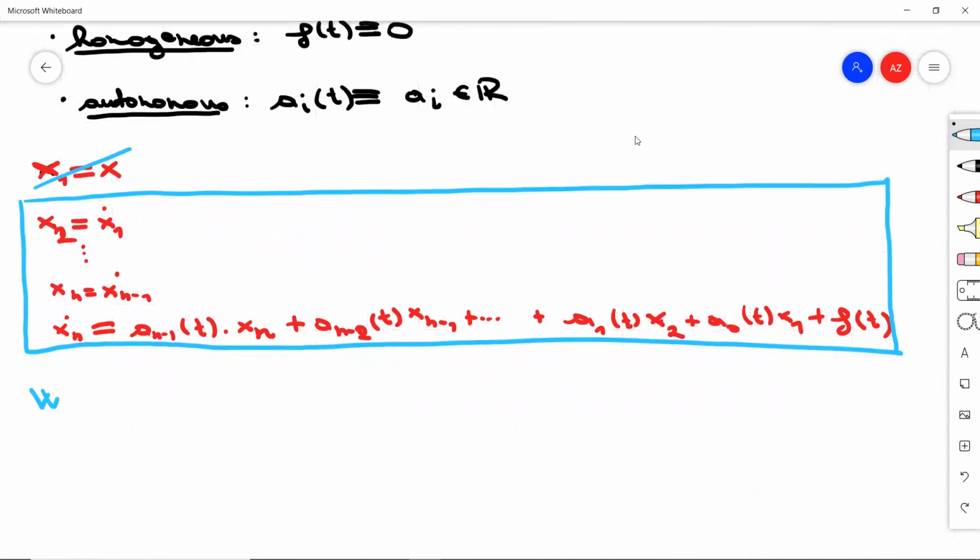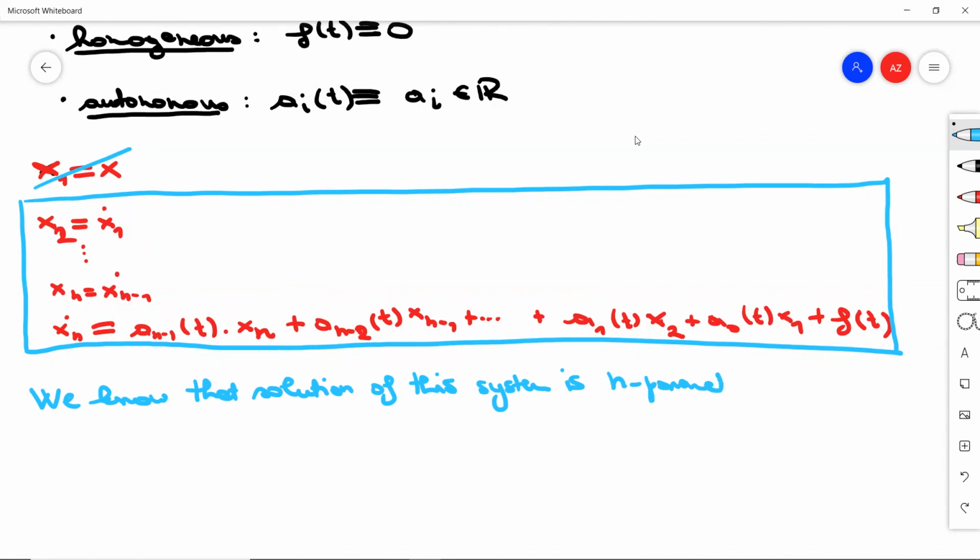We know that the solution of this system is n-parametric. So the vector x of t is then a function of t and n parameters, c1 up to cn.